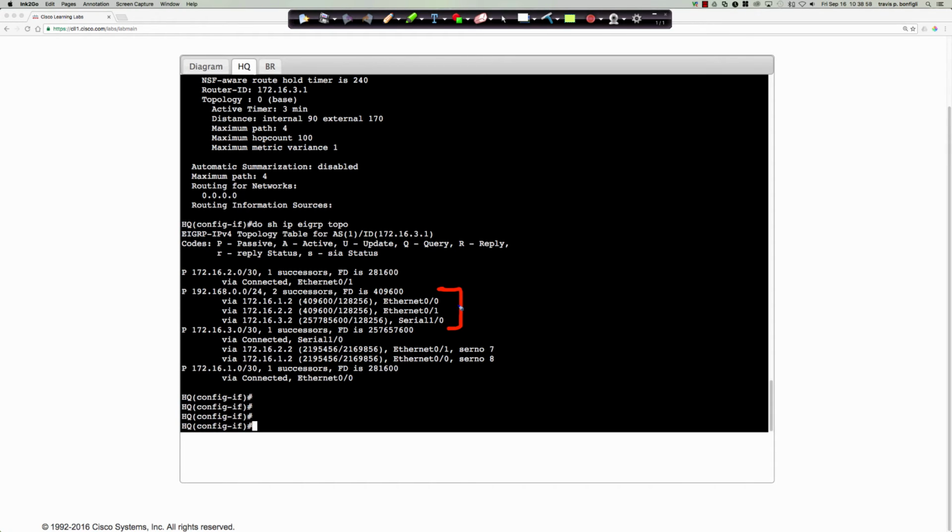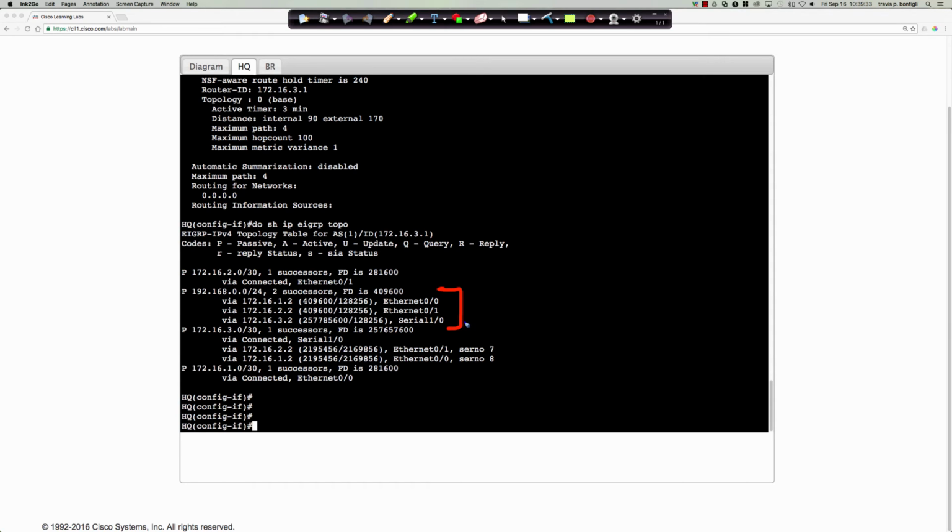So in order for me to take a path and to do unequal cost multipathing across that path, it must meet the feasibility condition. And so this is why I stress these values and these terms in all of the EIGRP videos where we're talking about multipathing, or load balance or load sharing, because in order to understand the variance concept and the variance values that you're going to use, you have to understand the feasibility condition.